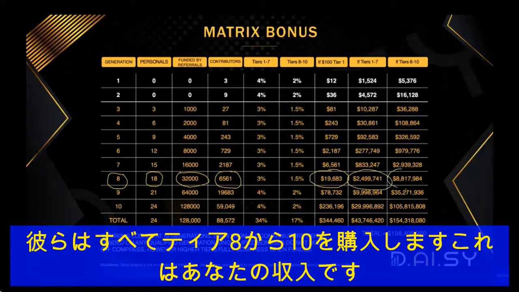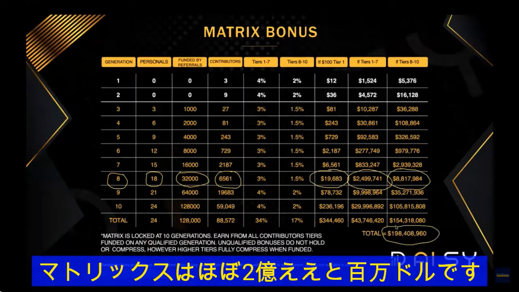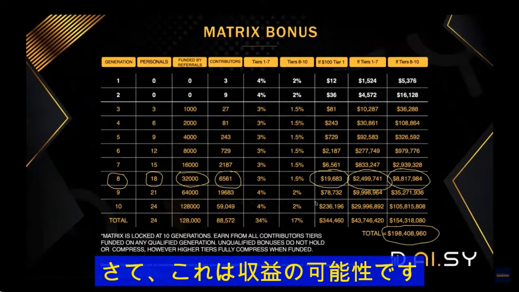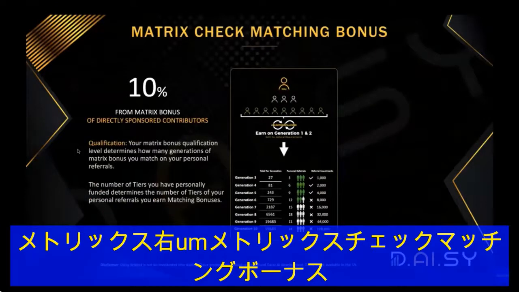And if they all buy tiers 8 to 10, this is your earning potential. So the maximum you can earn with this matrix is almost $200 million. This is the earning potential you have with this 3x10 matrix. All right.